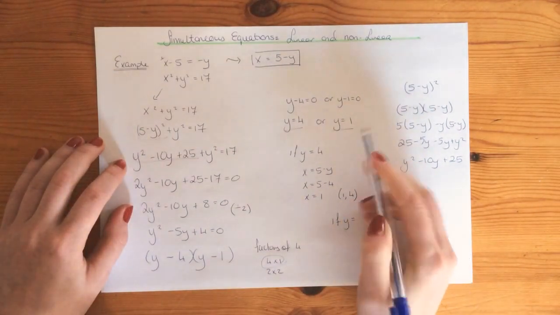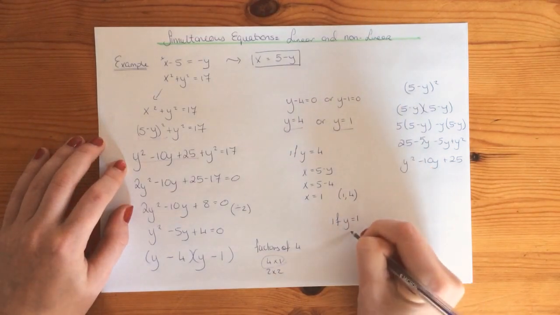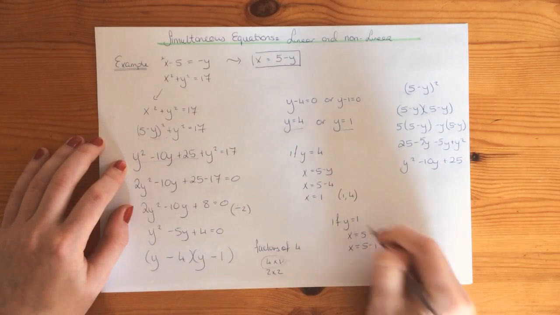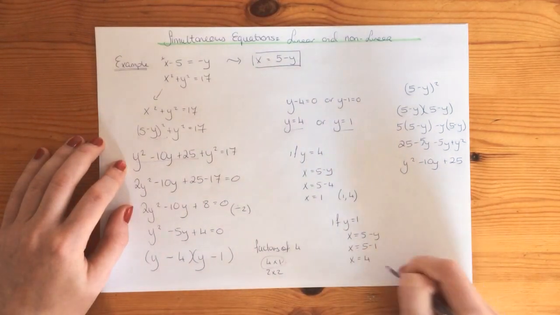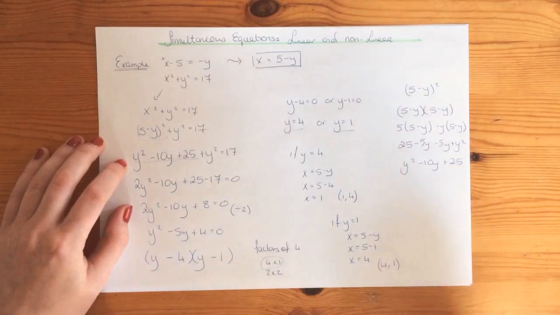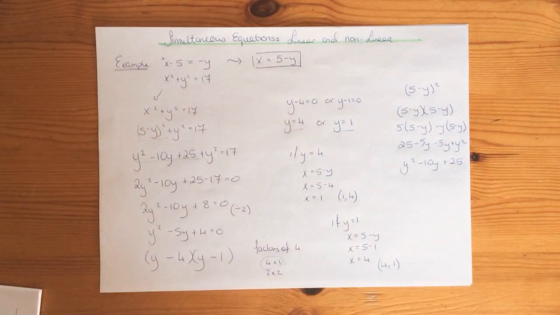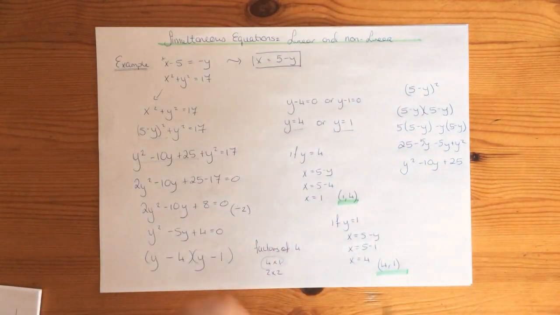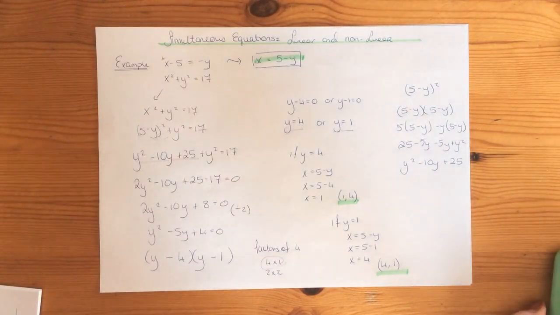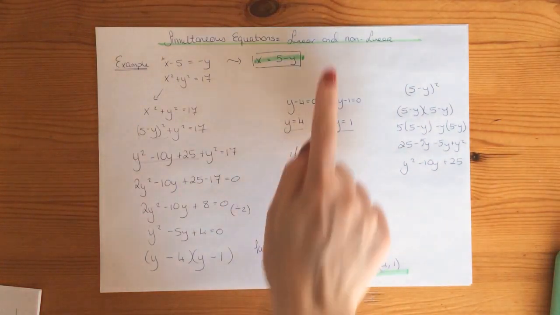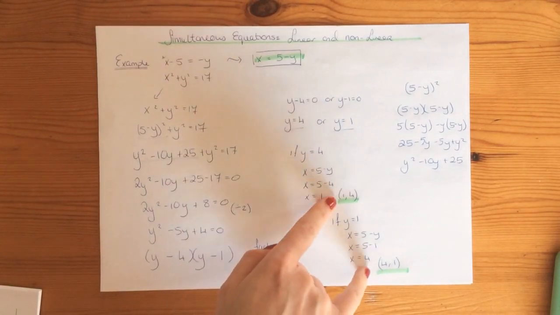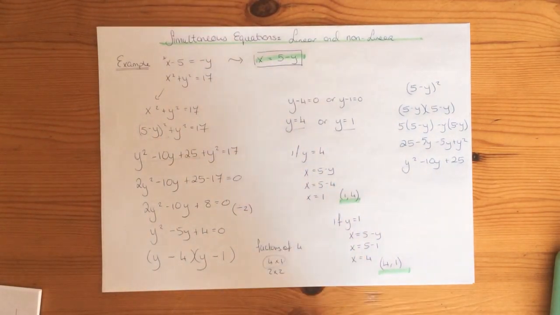If y equals the other option, 1, x equals 5 minus 1, so x equals 4. When x is 4, y is 1. So there are my two coordinates, first answer and second answer, and I got them all from making x the subject in the linear equation. So this line and circle meet at these two coordinates. This is where they cross over, and that's the end of the question.